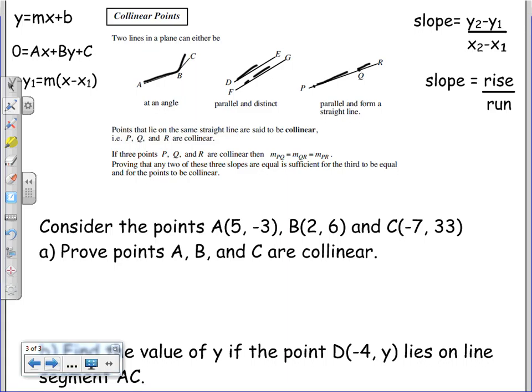What do you think the slopes of parallel lines are, Josh? They're the exact same. So parallel lines are going up at the exact same rate. So if the slope of DE is 2, then the slope of FG is 2. What do we think about this one on an angle?